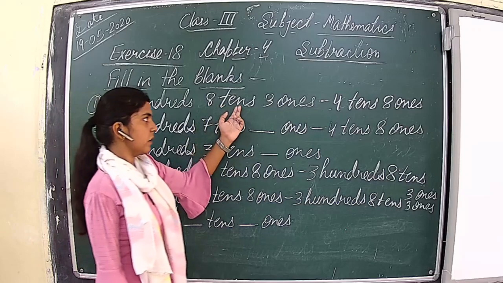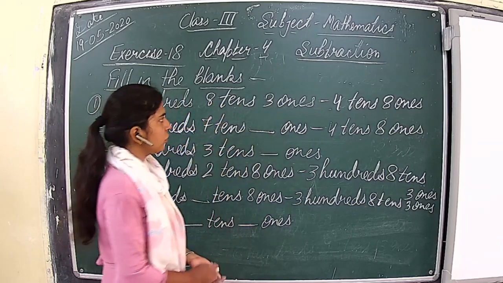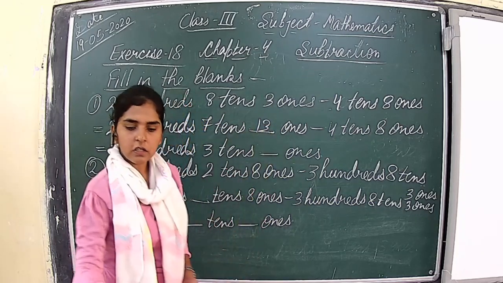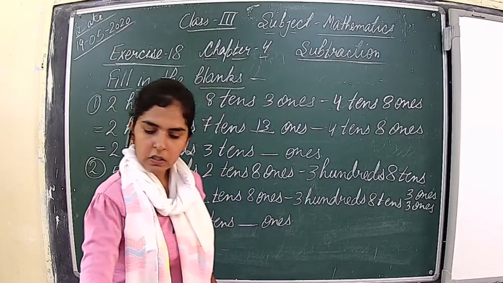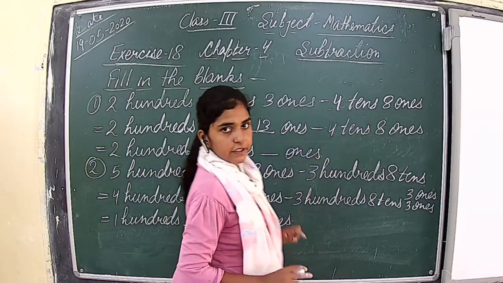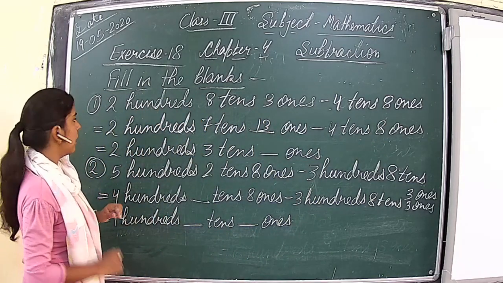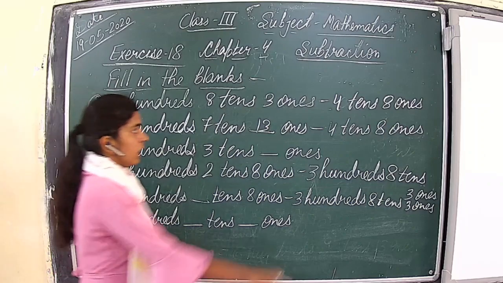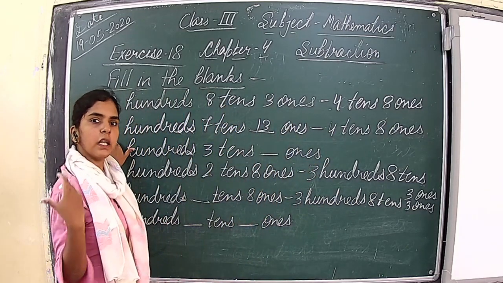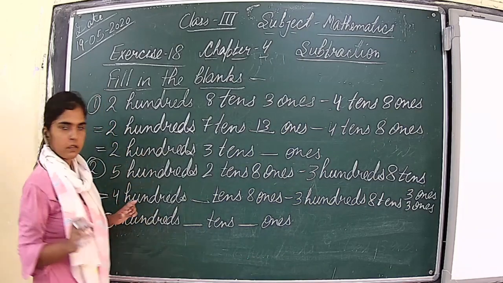The tens give borrow to the ones, so it becomes 7 and 3 must become 13. Minus 4 tens and 8 ones. Now see what we have done here. 200, there is no 100, so nothing will be subtracted from 2. That's why there is 200 itself.